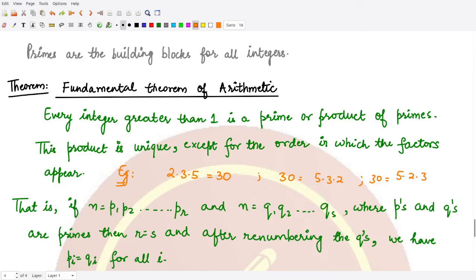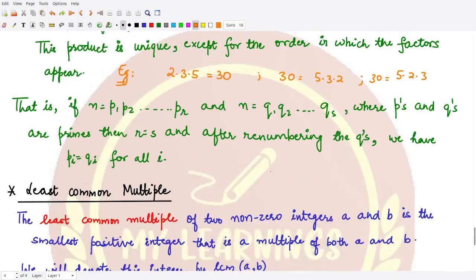So writing it in terms of alphabets, suppose the number n that we have taken was 30. So n could be written as p1 p2 up to pr, and it is also written as q1 q2 up to qs, right, where both p and q are prime numbers. Then the number of primes has to be the same.